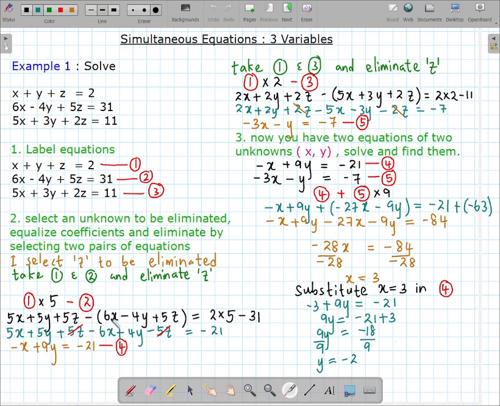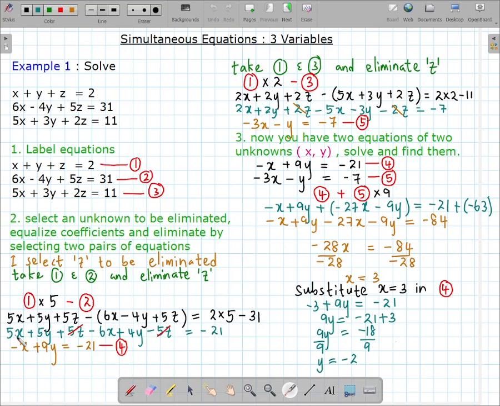then the second equation, that is 6x minus 4y plus 5z, equals the first equation's right hand side, that is 2 times 5, minus the second equation's right hand side, that is 31.